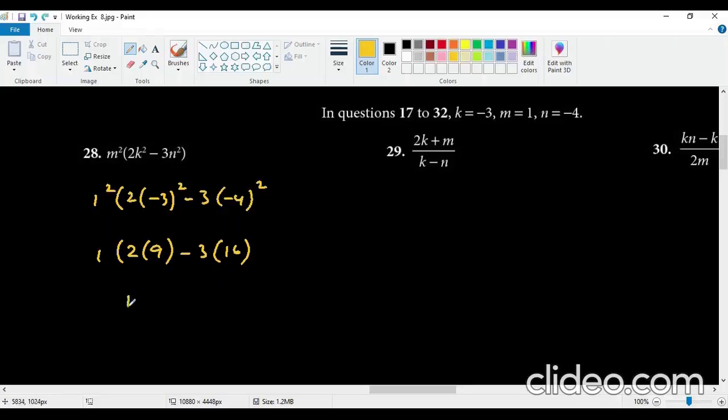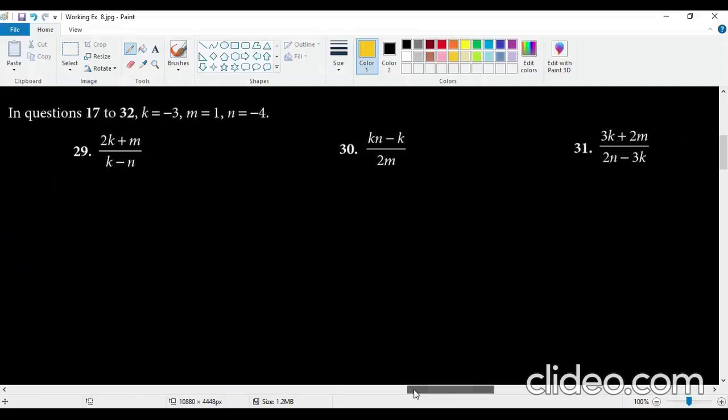So 2 times 9 is 18, and minus 3 times 16 is going to give you 48, and 48 minus 18 is going to give you 30 as an answer for question number 28. It should be a negative 30 instead.